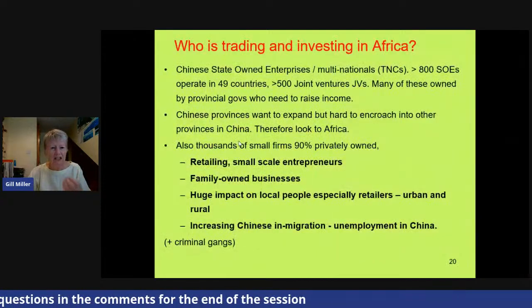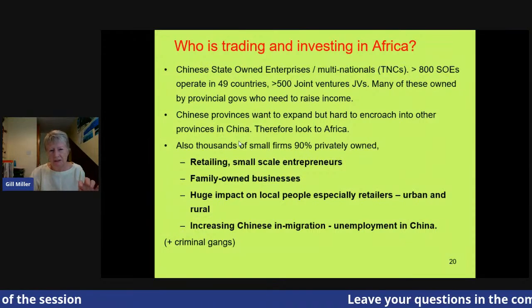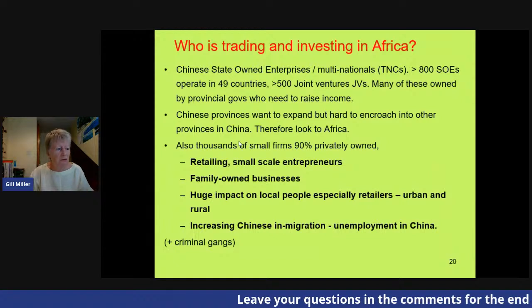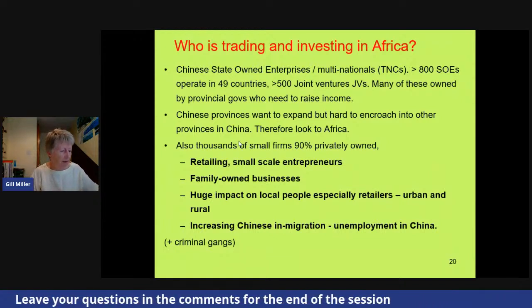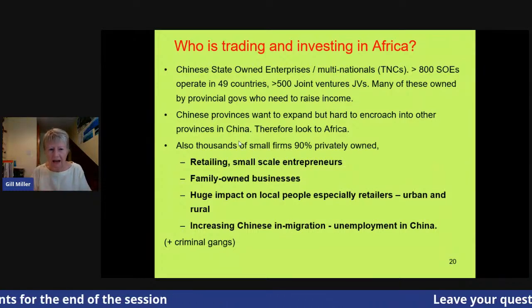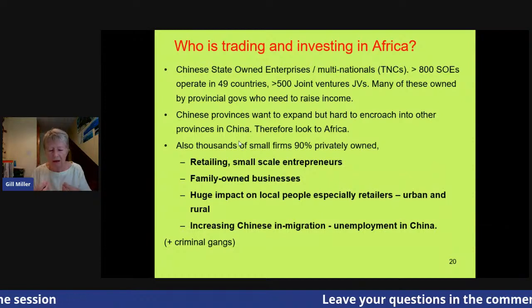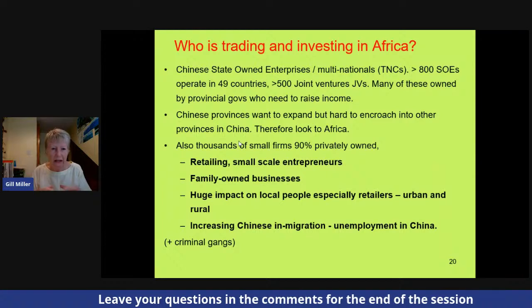But who is actually doing this trading and investing? And I've commented a couple of times about the state-owned enterprises and multinationals. Well, basically, China likes to have its own industries. In the People's Republic of China, it owned everything.